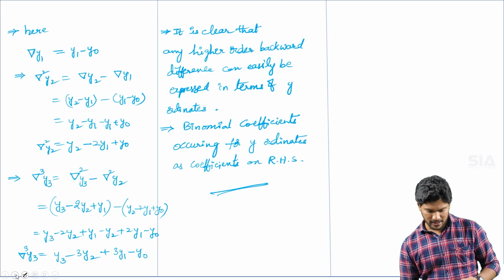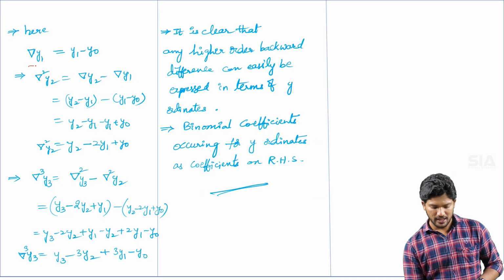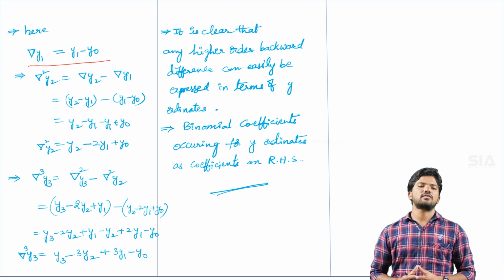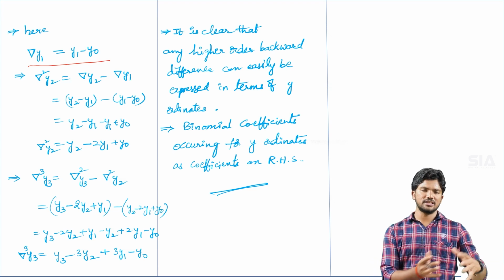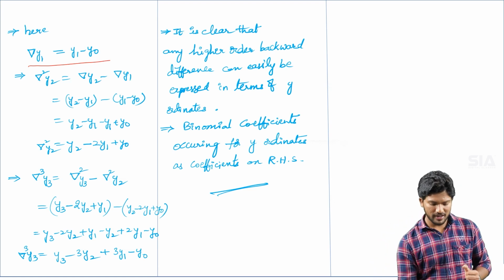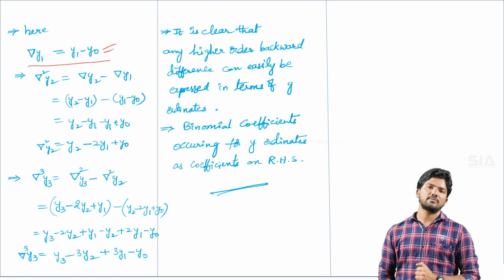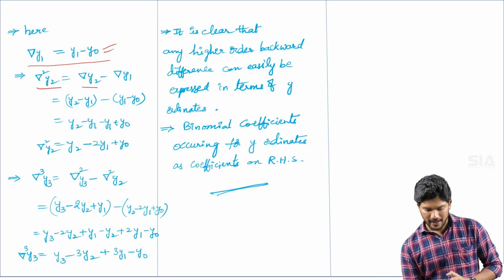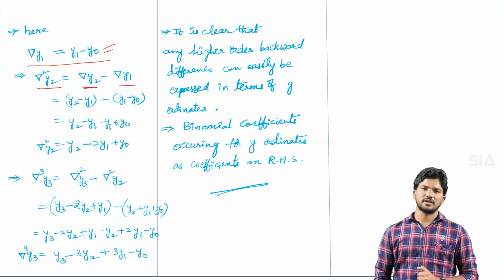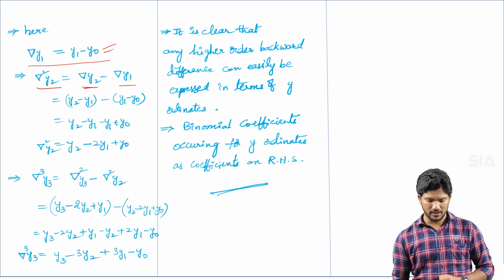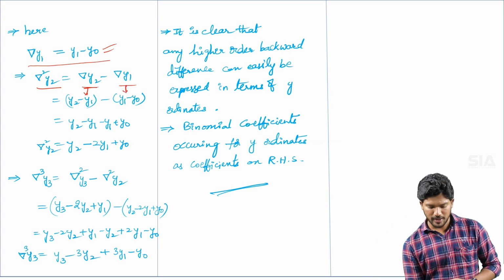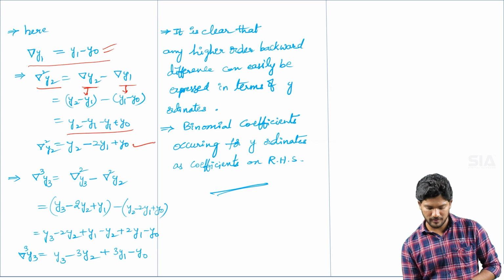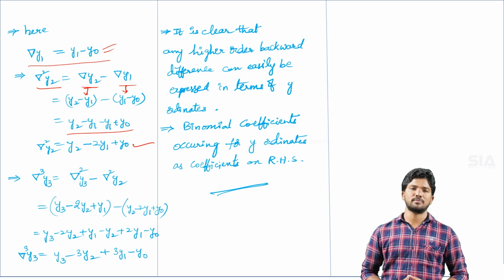Based on this table, we can see here del y suffix 1 is equal to y1 minus y0, or else you can call it nabla y suffix 1 is equal to y1 minus y0. Next, del square y2 is equal to del y2 minus del y1. Substitute the corresponding values and simplify, and you will get y2 minus 2y1 plus y0.